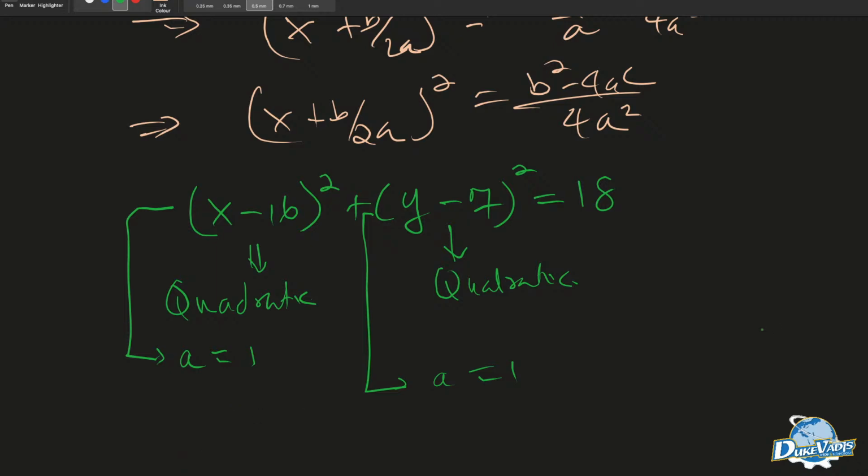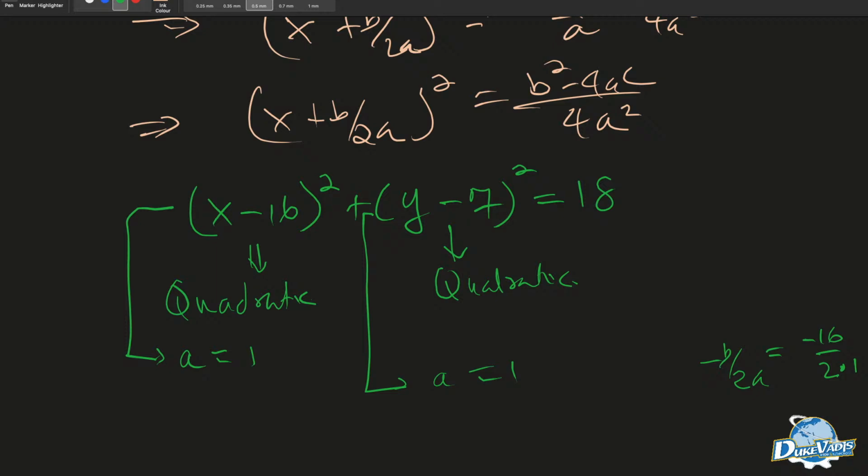So negative b over 2a, where our b here is negative 16, divided by 2, and the coefficient of x is 1, so multiply by 1.